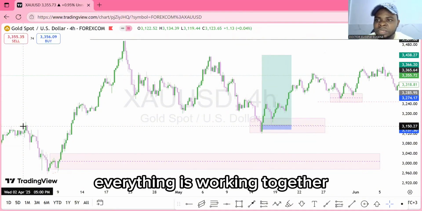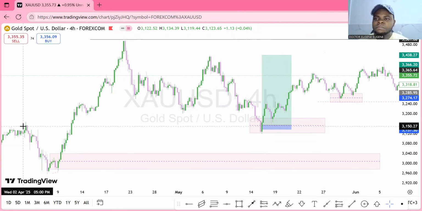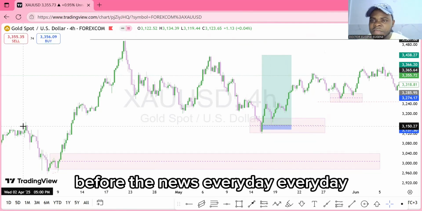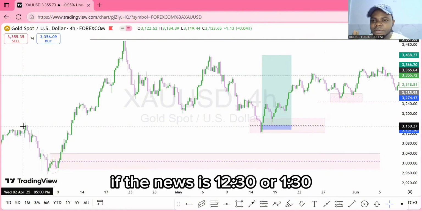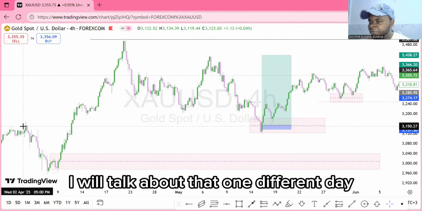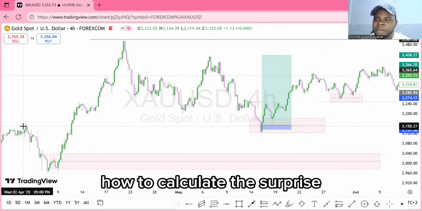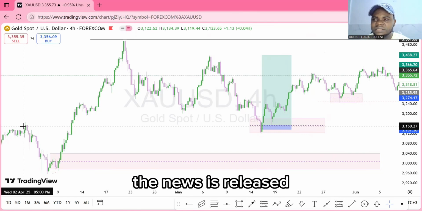Everything is working together. Fundamental is what you check before the news every day. Every day, I check my fundamentals. If the news is at 12:30 or 1:30, depending on the time, I will just check and calculate. We'll talk about that one day, how to calculate the stock price and know what is going to happen immediately the news is released.